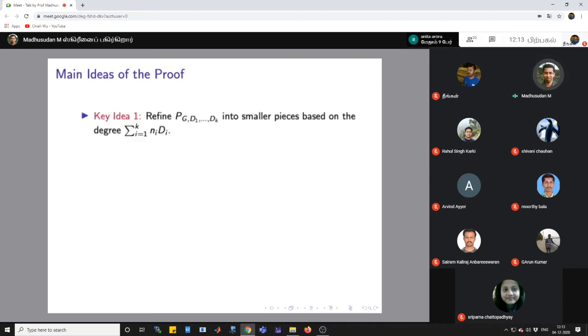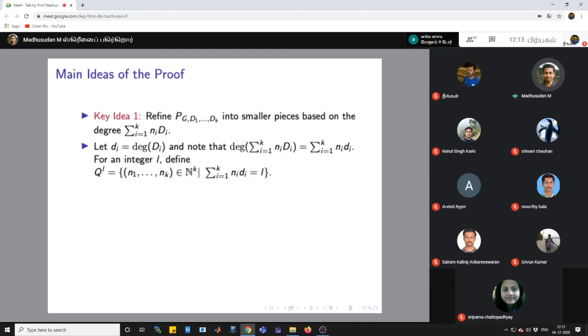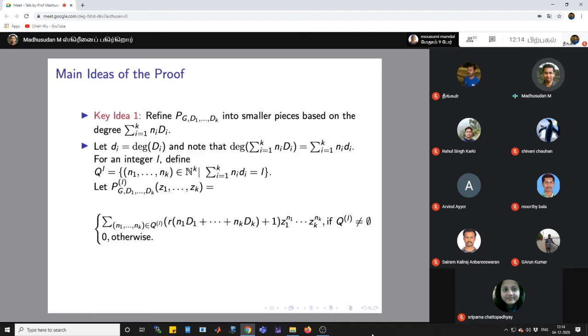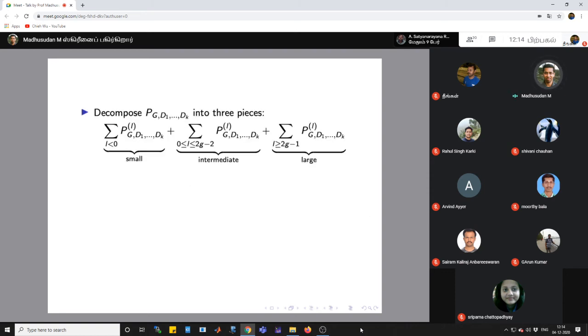I just wanted to sketch the ideas of the proof, but I'll not go into too much detail. The key ideas are, first, we refine this P_G into smaller pieces based on the degree. We decompose the Poincare series into three pieces: the small, intermediate, and large, and handle each of them.